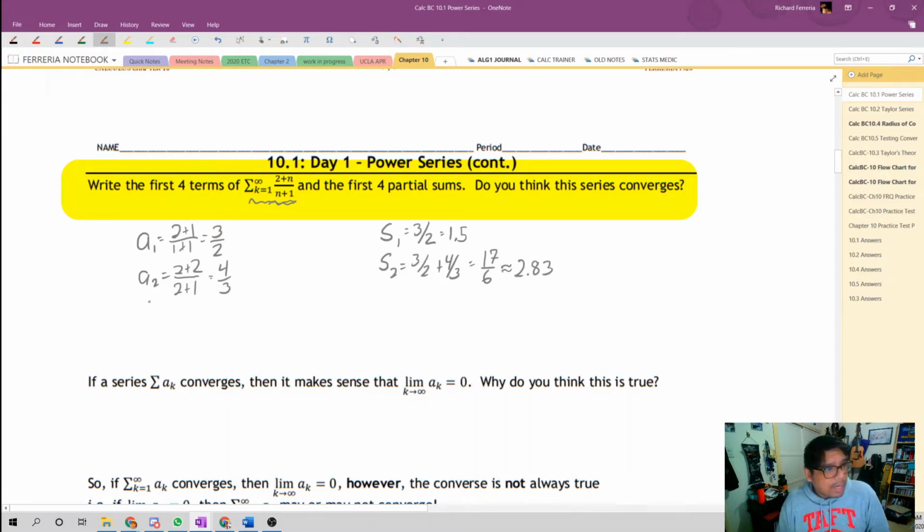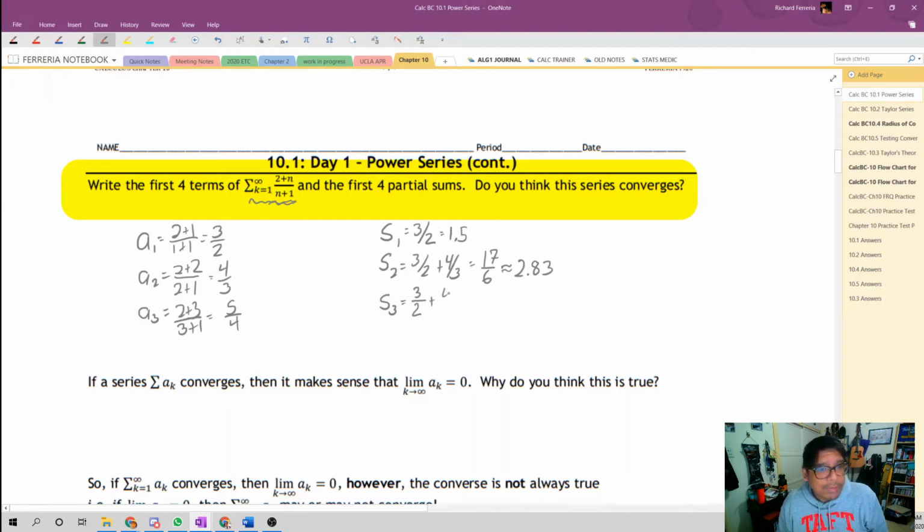Okay, moving on. The third term is going to be (2 plus 3) over (3 plus 1). So that's 5 over 4. And our S3, our partial sum number 3, is going to be the first 3 terms added together.